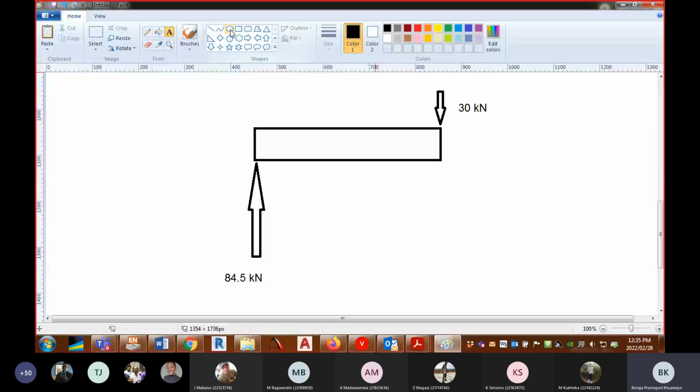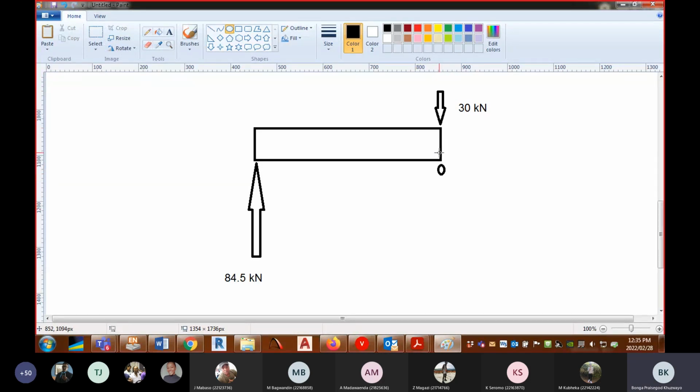Where is node B now? Node B is here. That's where the node is. Let me elaborate this, make it slightly more significant.